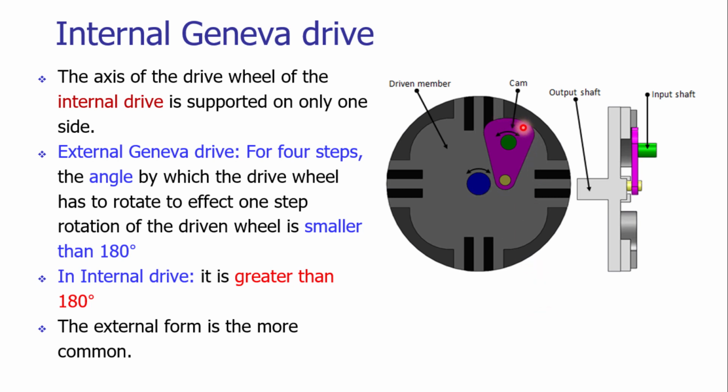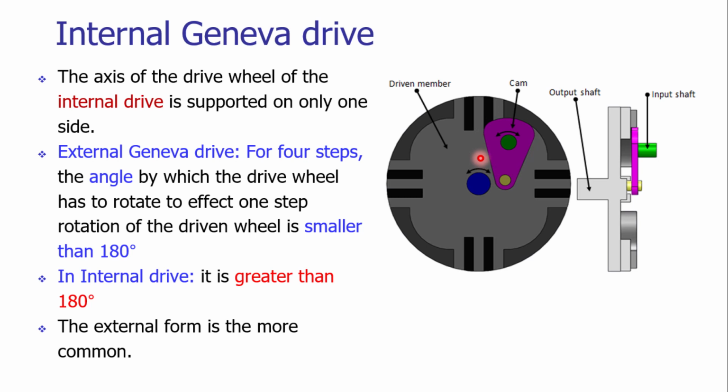So there is a cam arrangement. That cam arrangement is connected to the continuous rotary motion provider, that is a motor. We rotate the cam, and as the cam rotates, it drives the driven member, that is the Geneva wheel. The driving is carried out by the contact of the pin in the slot.